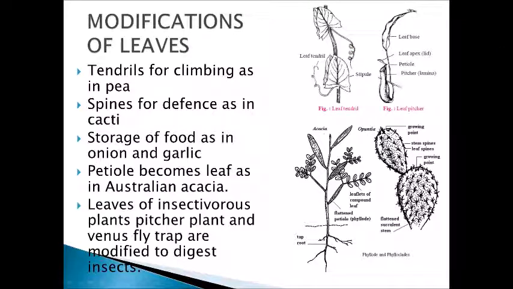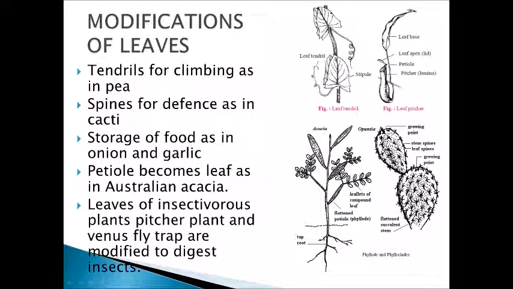The other is spines for defense as in cactus. Here you can see this is the opuntia, commonly called as cactus plant. And in that, these small structures, these are the spines. So these spines protect the plant, so they are helping as defense structures.